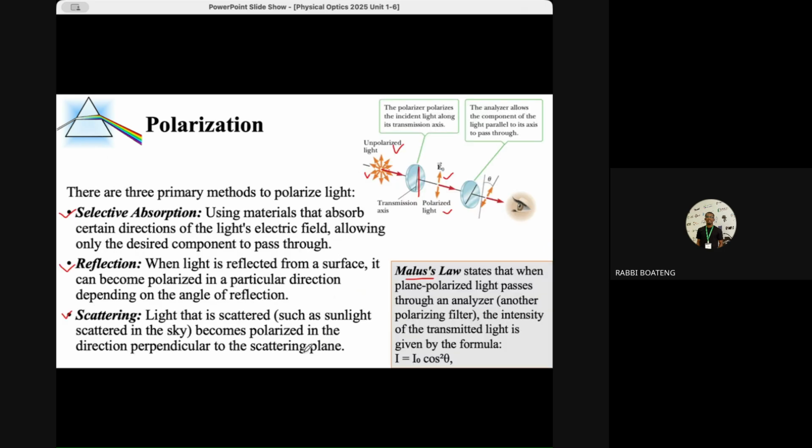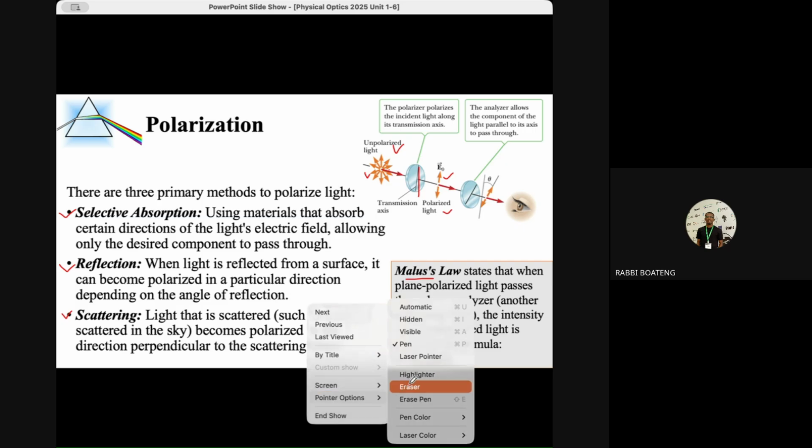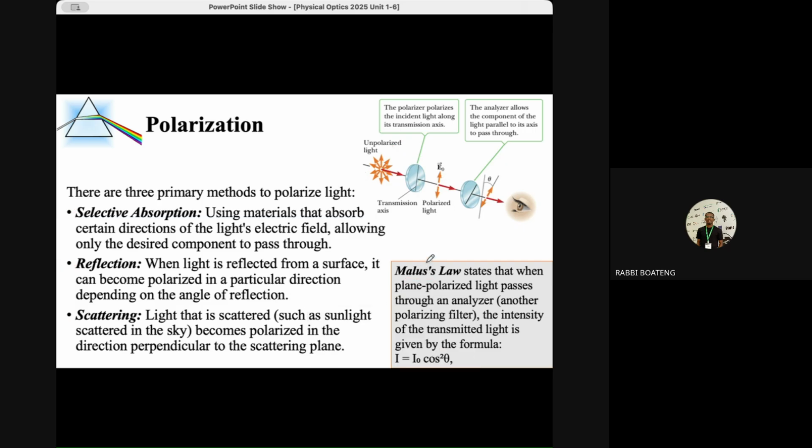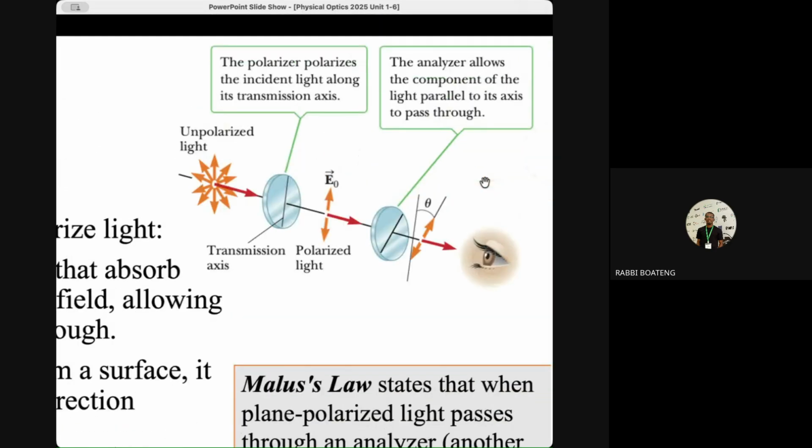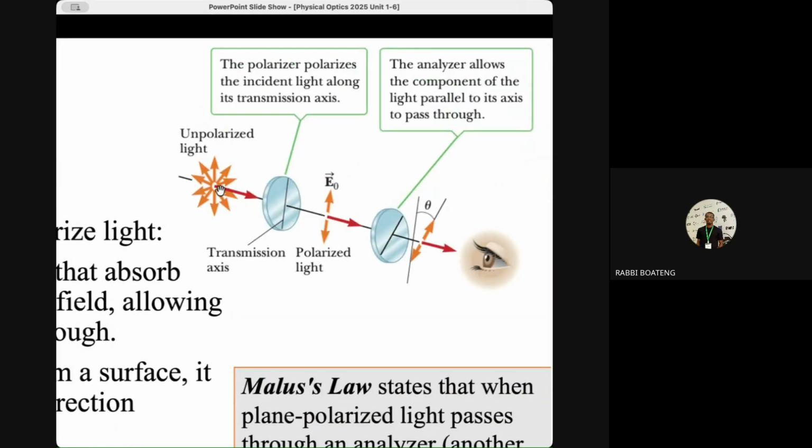So, for the sake of Madam Felicia, let me go back a little. Anytime light is traveling, the particle vibrates in different directions. Is that okay?